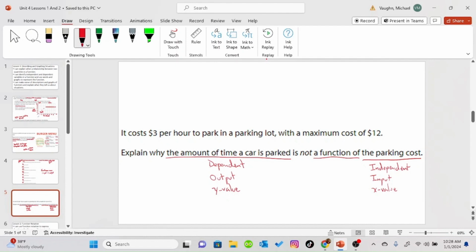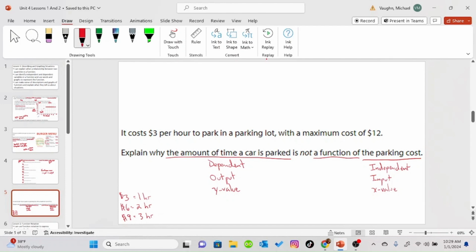Now, in order for this to be a function, every value of cost would need to have only one value for time. If we start thinking about this, $3 is 1 hour. $6 is 2 hours. $9 is 3 hours.